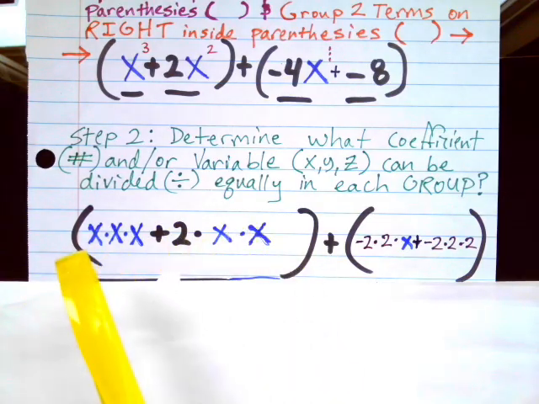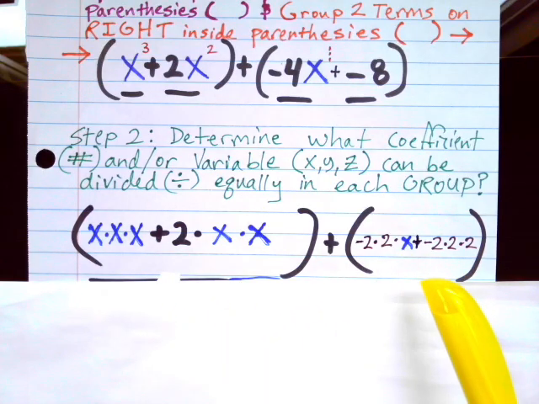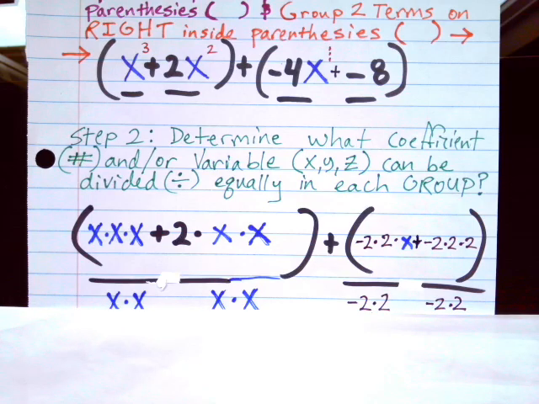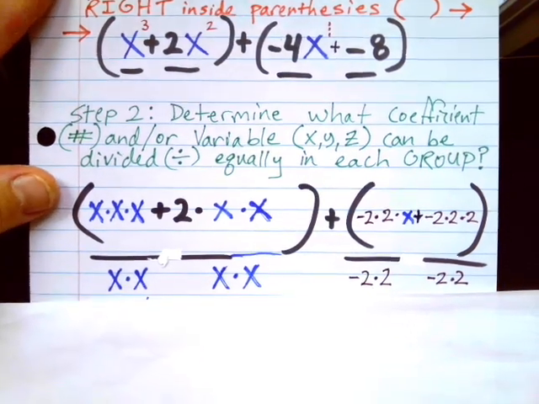So with these terms in the parentheses, I'm going to divide x squared to both of these sides. And with the terms here, I'm going to divide a -4. And that's what I'm showing you now.